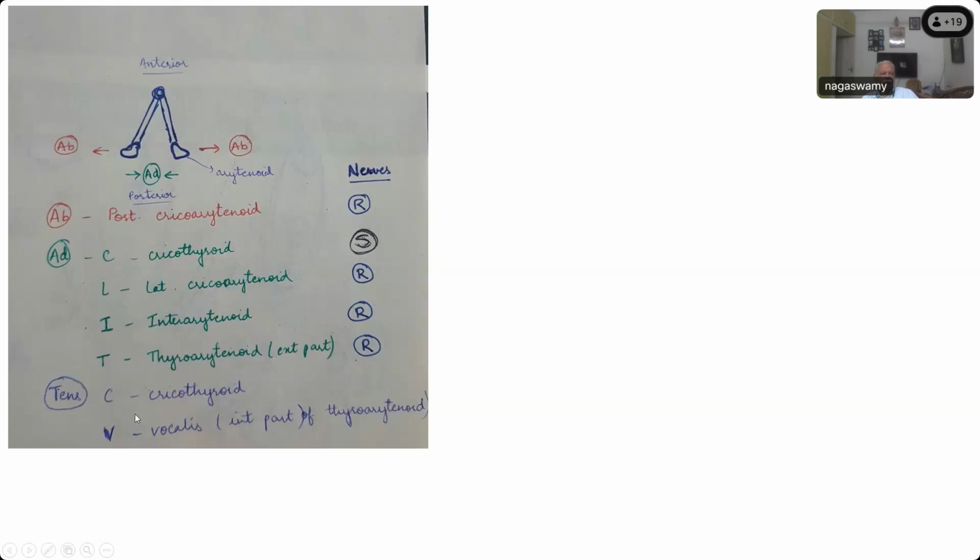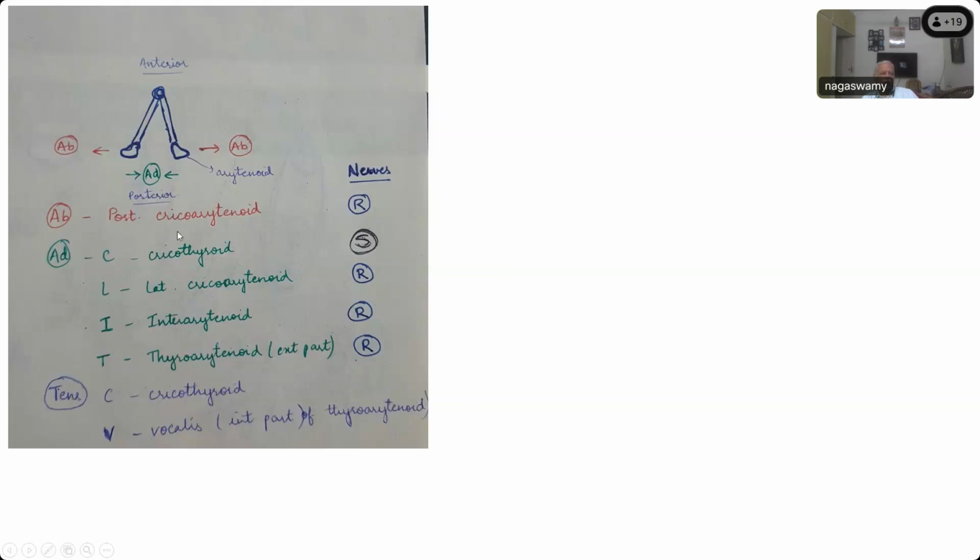And the vocal cord is tensed by the cricothyroid and vocalis, which is a part of thyroarytenoid. This is more for producing high pitch. It doesn't have much function in respiration, but during phonation or singing, this is very important.